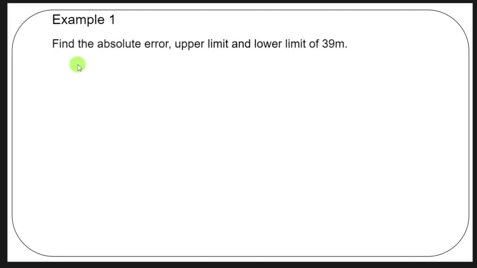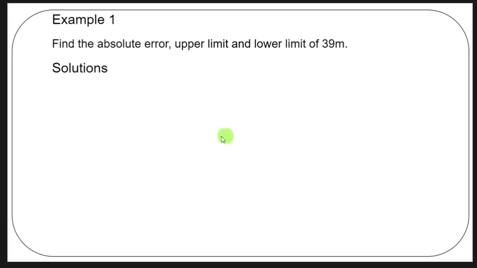So we have this question here which says, find the absolute error, upper limit and lower limit of 39 meters. So in answering this, first of all, we need to determine the least unit. If we are measuring 39 meters, we expect the difference between 38 and 39 to be 1 meter.